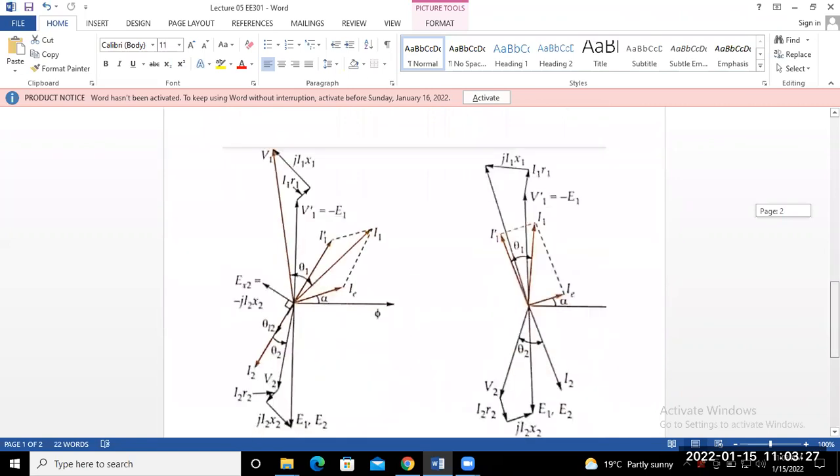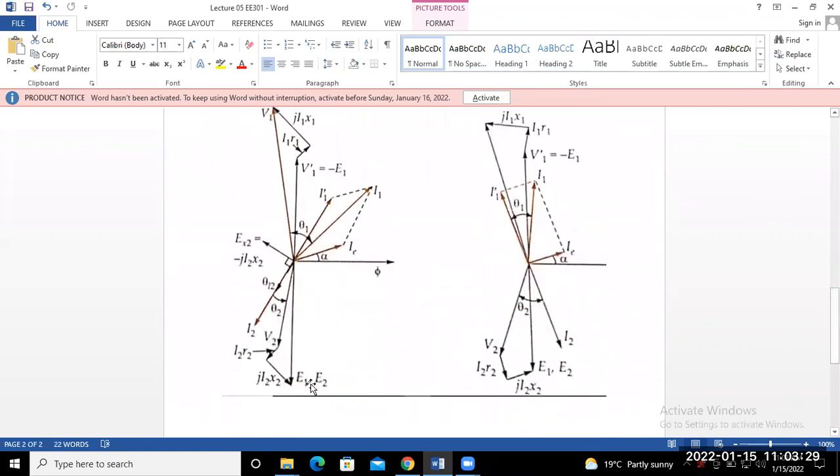How much EMF is induced in the secondary coil? E1 and E2, sorry, E1 for primary and E2 for secondary. So E2 is your total EMF induced in the secondary coil, that is nothing but the vector summation of the secondary terminal voltage across the load terminal plus the voltage drop due to the secondary coil, that means resistance and reactance.